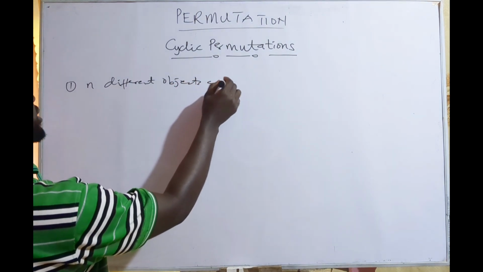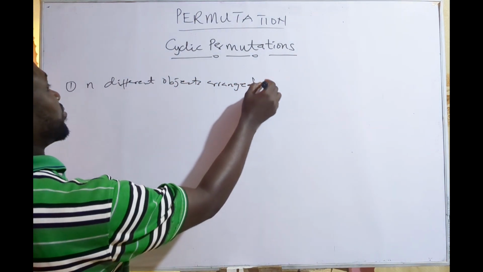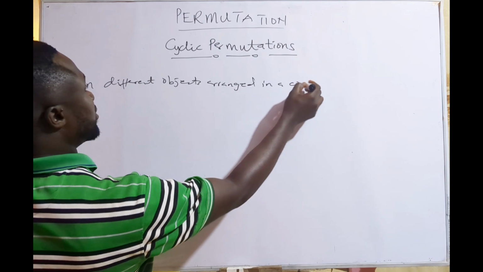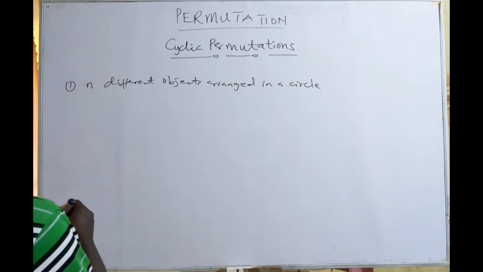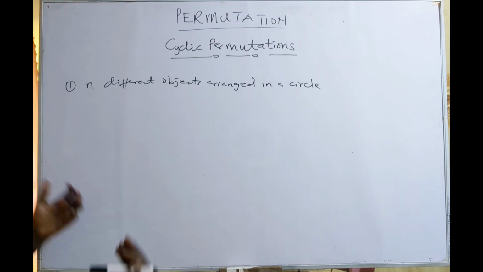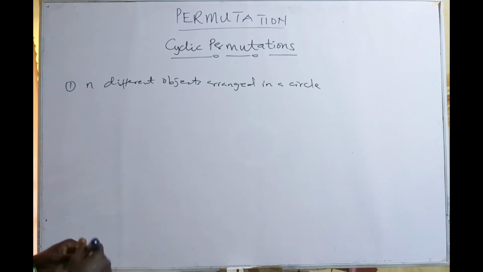If I have n different objects arranged in a circle, then let's find the number of ways I can arrange the n different objects in a circle.